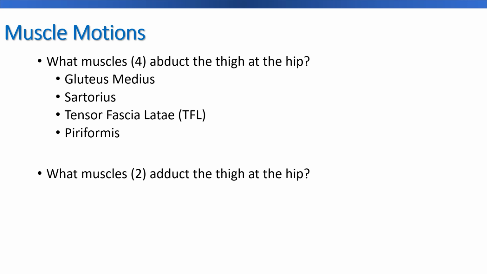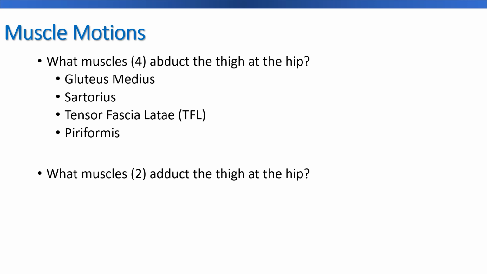We have the tensor fascia lata, which has an anterior lateral attachment to the hip bone, and then it moves laterally down the thigh, creates the IT band and attaches to the lateral knee. And then the piriformis. Piriformis is a deep muscle in the butt. But the way that it's attached to the femur bone, when it contracts, it actually helps rotate the femur laterally or externally, and then will also cause it to abduct.